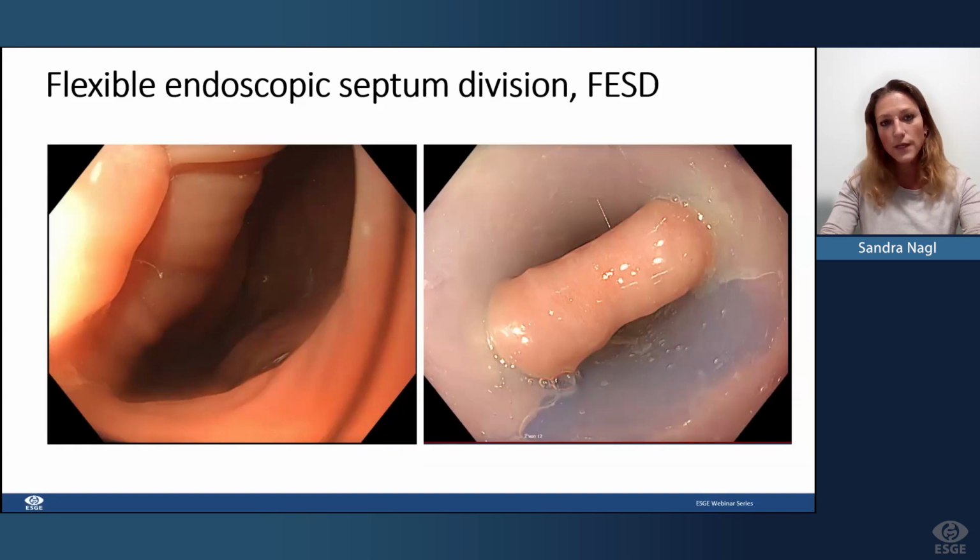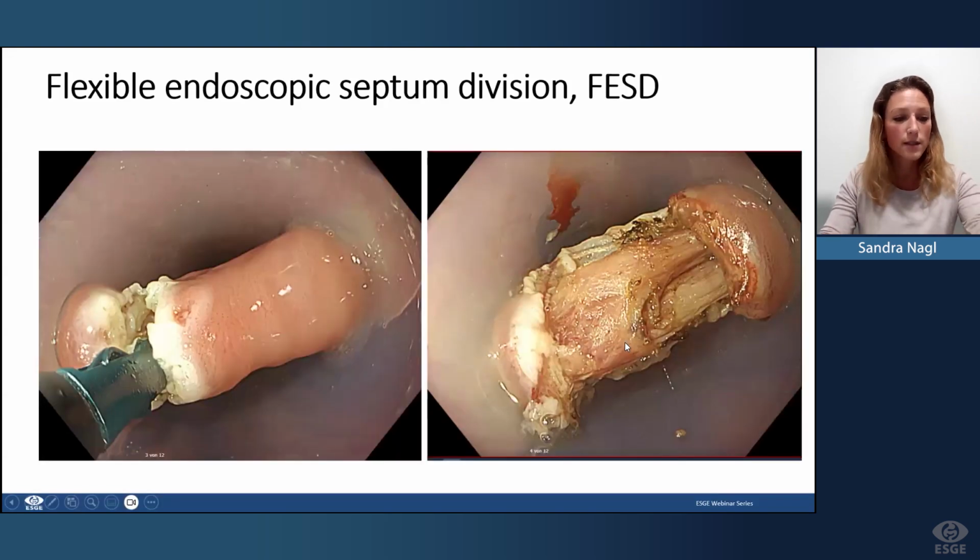The standard flexible endoscopic septum division is performed with the patient in the left lateral position. It can be performed in deep sedation, so there's no need for general anesthesia. Usually we also use an overtube to improve the septum exposure, and that also helps to stabilize our endoscopic position towards the septum.